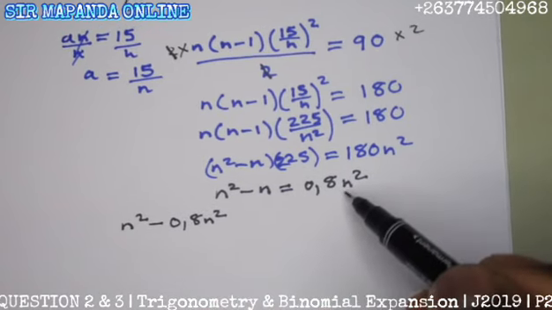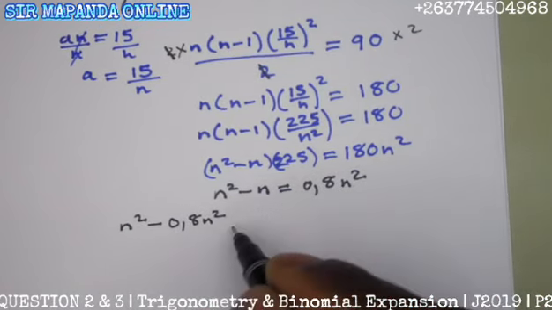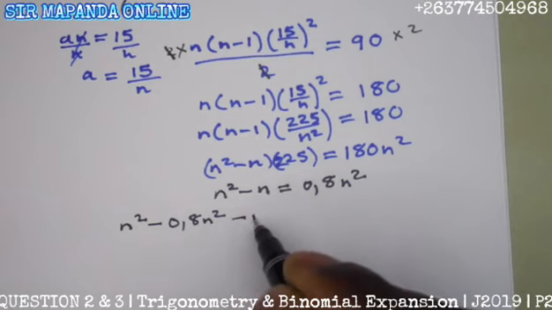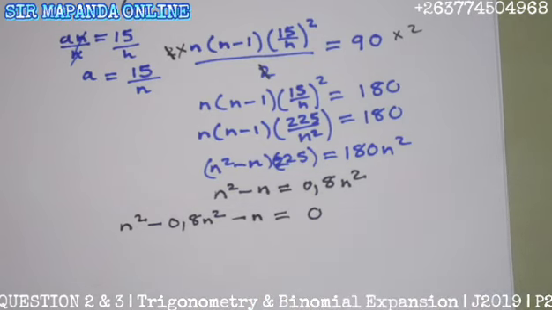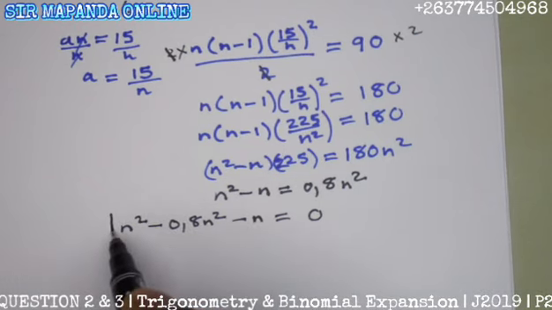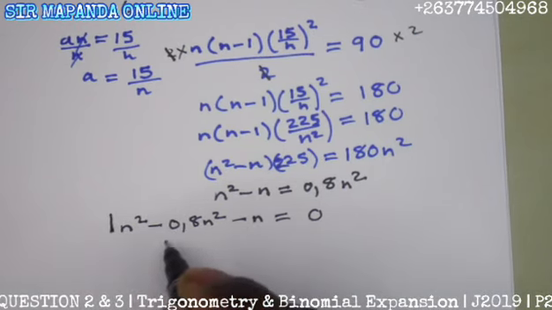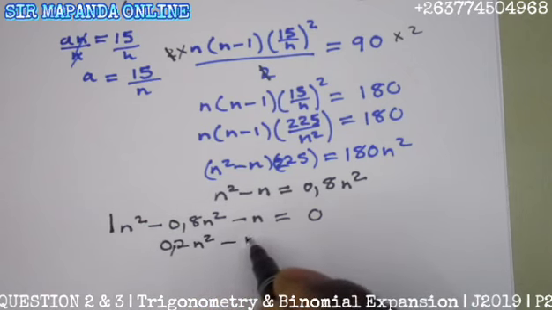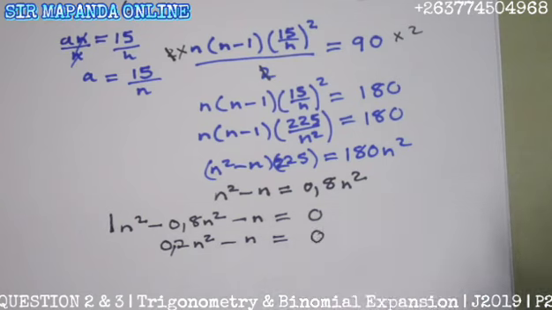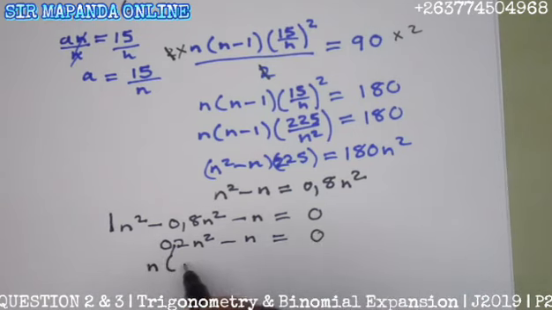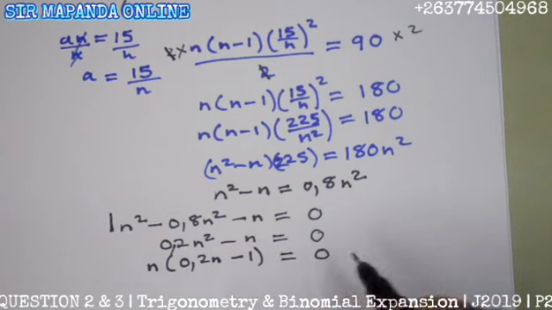If we move 0.8 n squared to the left, you get minus, then you write minus n, equate this with 0. So n squared is as good as 1 n squared. So 1 minus 0.8, you get 0.2 n squared minus n is equal to 0. Then factor out n as the highest common factor. You'll be left with n, open bracket, 0.2 n minus 1, is equal to 0.